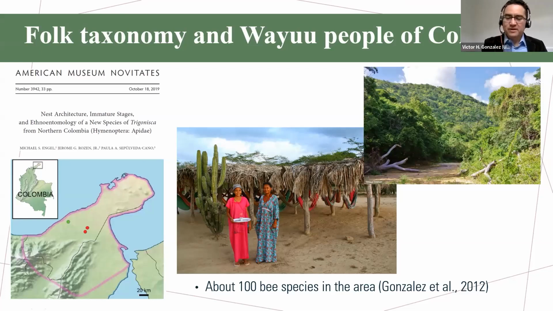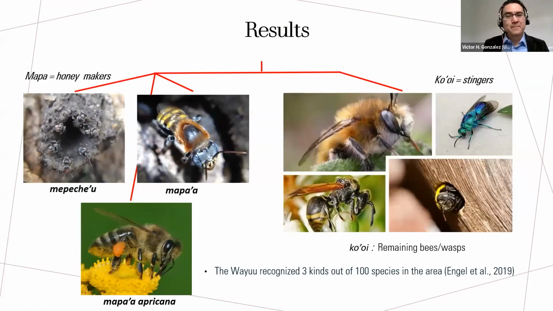So we did the same methodology, to understand how they are understanding and classifying bees, and the results are very similar. Basically, they have one group of bees that make honey, and they include the honeybees there, and one group of stinging Hymenoptera bugs.